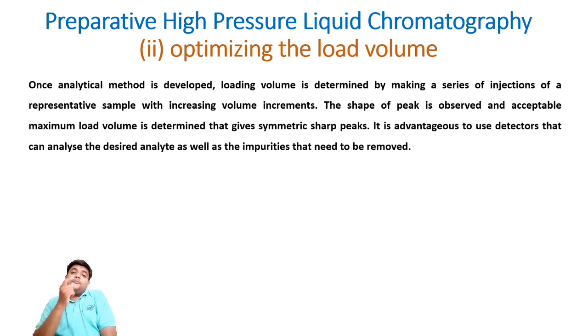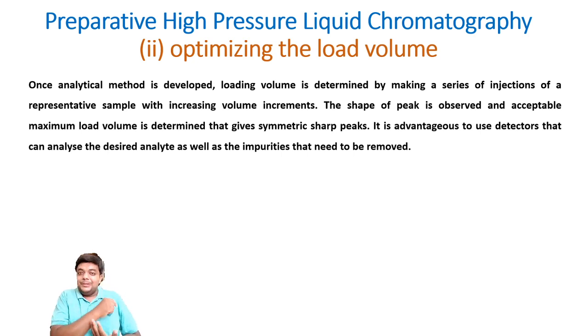Means first I will add 1 ml, I will add 2 ml, I will add 3 ml, and I will check the chromatogram. Until and unless I get a sharp or Gaussian chromatogram, I am happy. But at that particular volume, when my chromatogram peak turns from a sharp or Gaussian to a broader one, I'll stop. That particular volume for that particular experiment will be my optimized load volume of the sample.